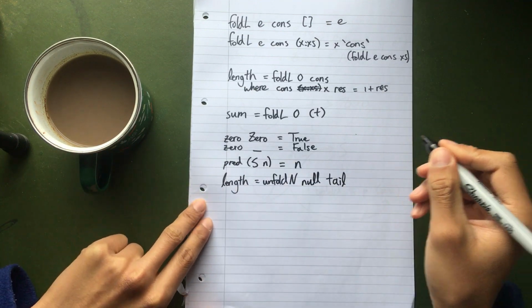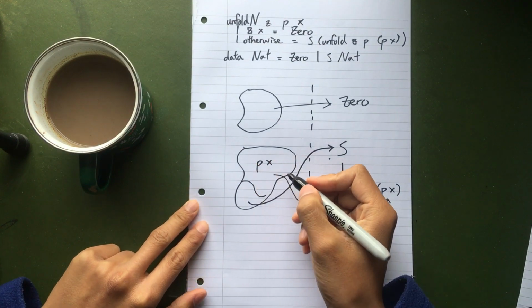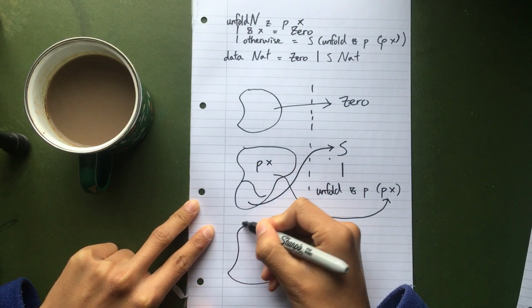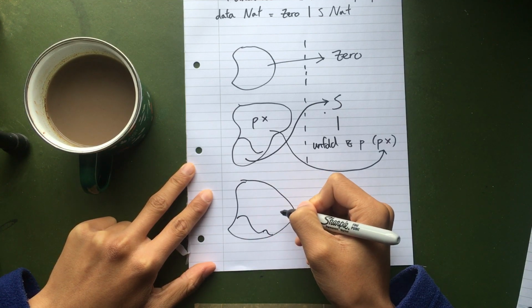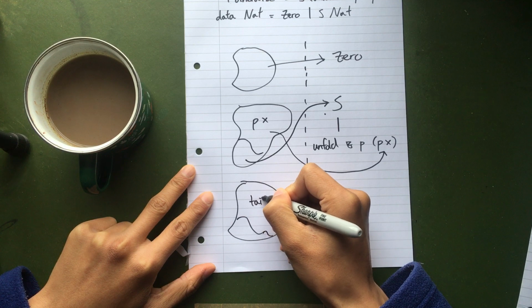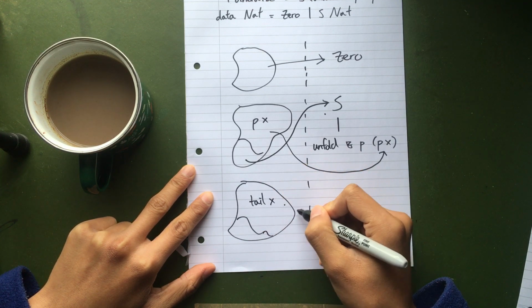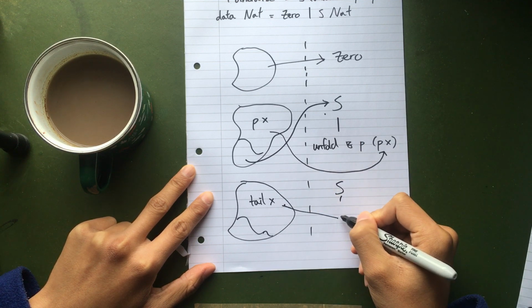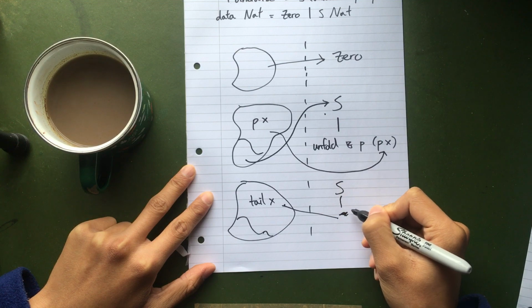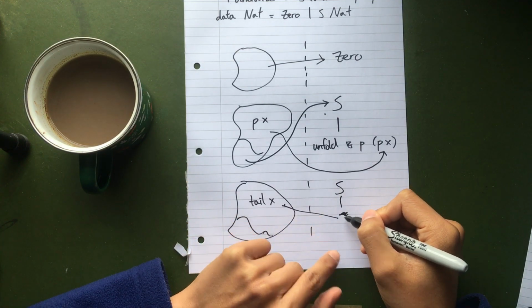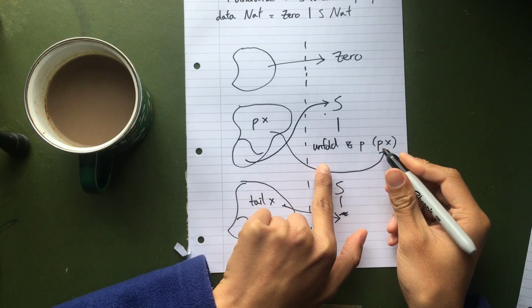So what this length is going to do, in our blob diagram, is that P is going to be the tail of the list. And so our output is going to give us one plus the length of the tail of the list.